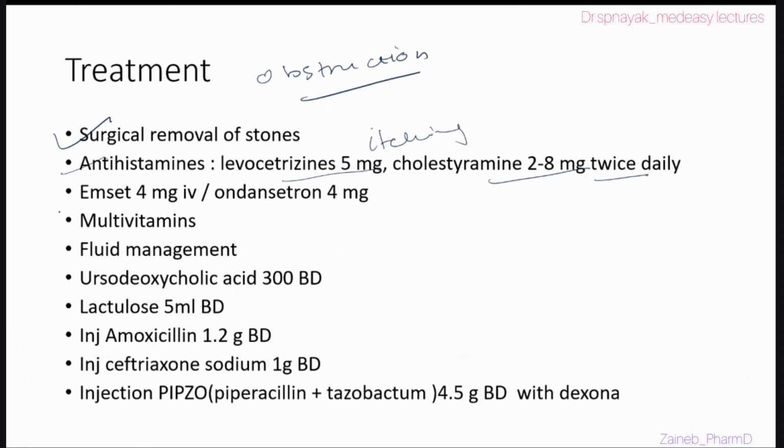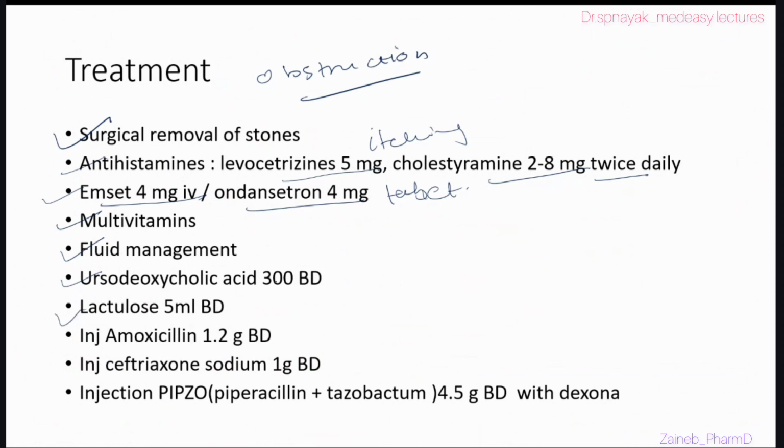If the patient complains of nausea and vomiting, we can go with injection 4 mg or ondansetron 4 mg tablet. Okay. Then the patient may have weakness, so we can go with multivitamins and fluid management. Then we can also go with the tablet ursodeoxycholic acid.